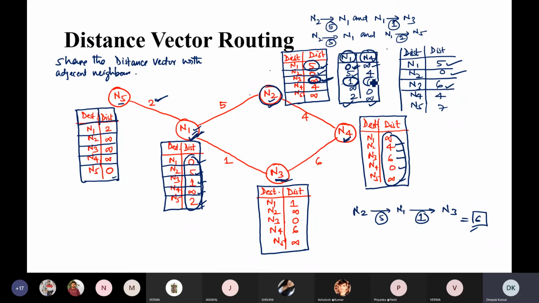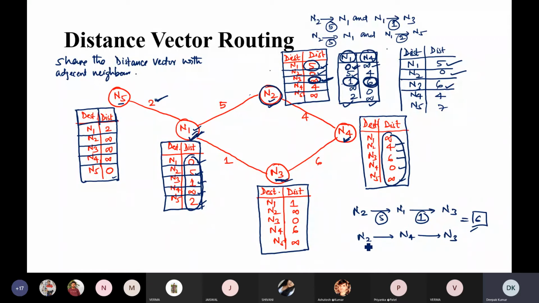और फिर इसके पास दो इन्फॉर्मेशन यहाँ N4 के पास से भी है, so it will compare this information also. It will measure a cost from N2 to N4 and finally N4 to N3.